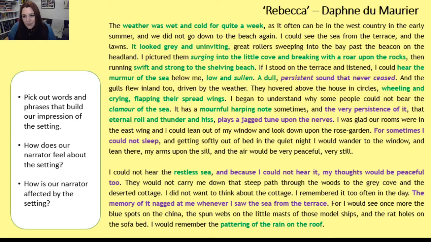And then we're told that persistent sound that never ceased. Now, what do you think the narrator feels about the sea just from that little quotation? A persistent sound that never ceased. Do you think that's something the narrator is enjoying listening to, or not enjoying at all?